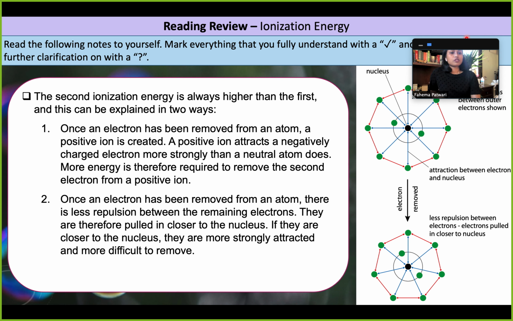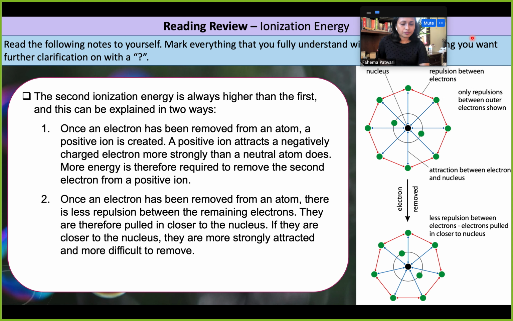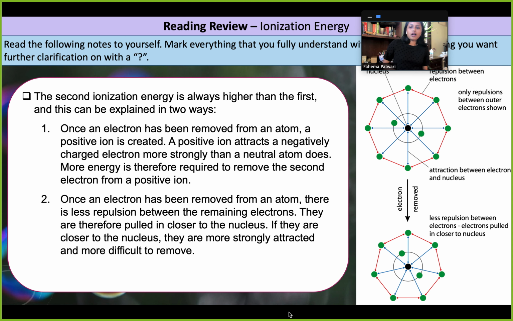Okay, so let's talk a little bit more about ionization energy. So second ionization energy is always higher than the first for 2 reasons that I touched upon already. Right? Once an electron has been removed from an atom, a positive ion is created. The original atom that the electron was on was neutral, right? And the new positive ion that's created has a positive charge.